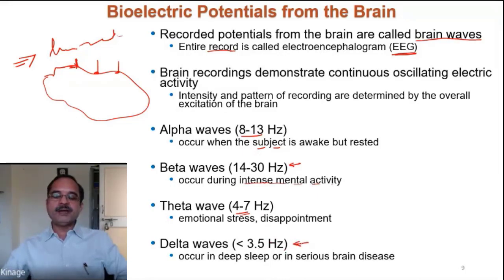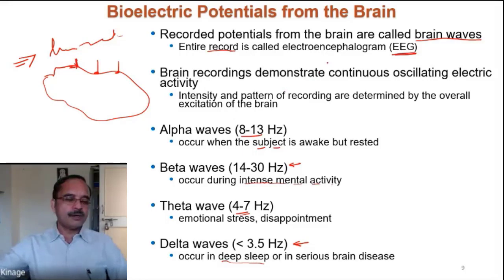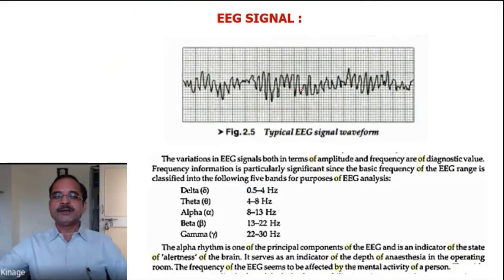This occurs when we are in deep sleep, or it may happen in case of certain brain diseases also. So these are the different types of frequency ranges we get for our EEG signal. This is how a typical EEG, that is electroencephalograph, looks like. As we have seen earlier, delta waves, theta, alpha, beta, and gamma waves.